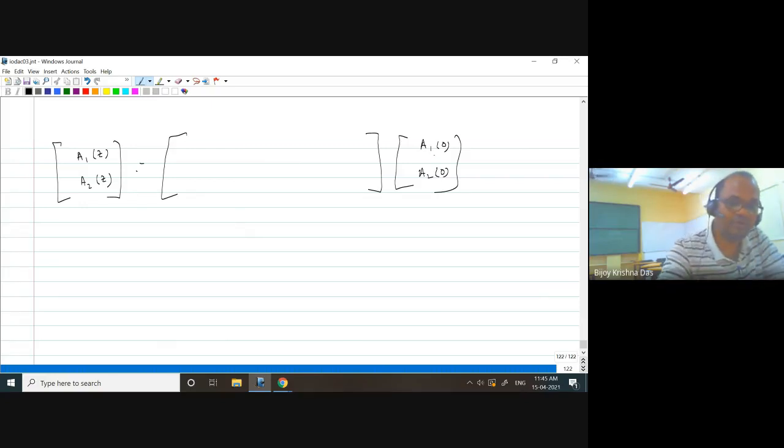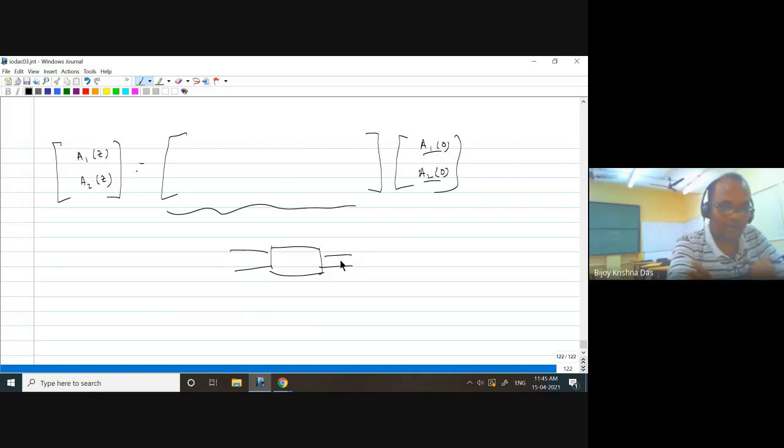This is my input and this is my output. If I know this, then I can use these two coupled waveguides as a black box with input ports and output ports, and if I know the transfer matrix, then given my input fields, I should get the output here. What is the output?